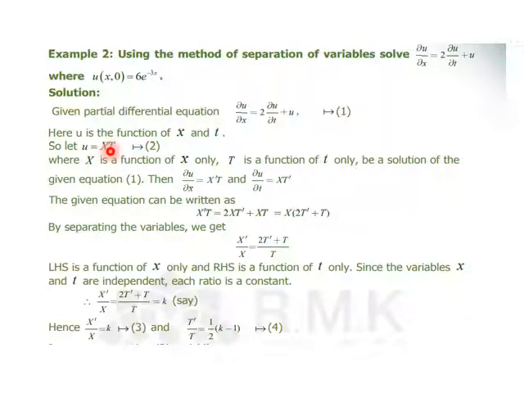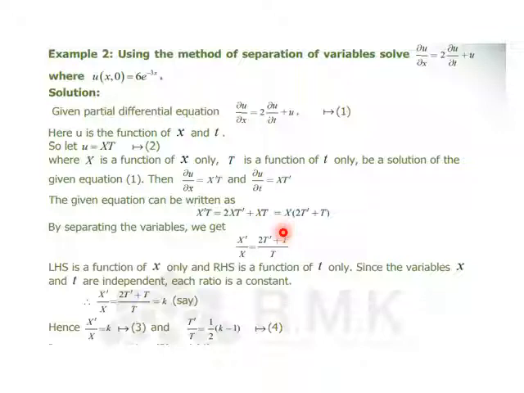So this will become X dash T, and with respect to t, dou u by dou t equal to X T dash. Now substitute all this in one and rearrange so that we are able to get X on one side and T on the other side. We are separating the variables, one variable X on one side, another variable T on the other side. That's why this method is known as the method of separation of variables.